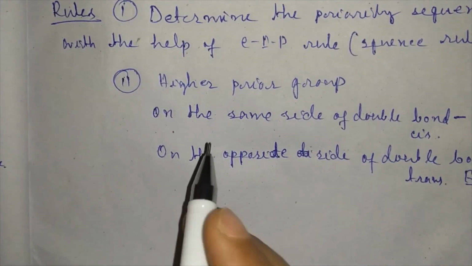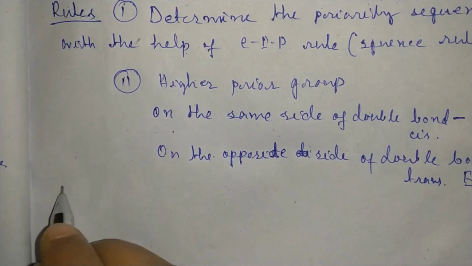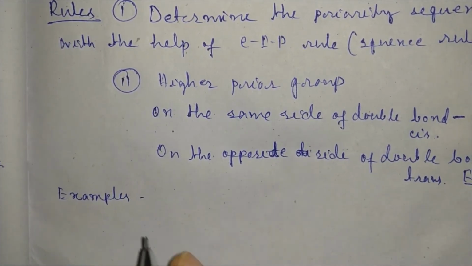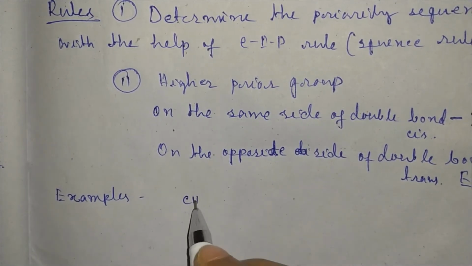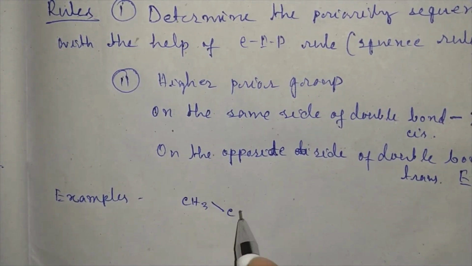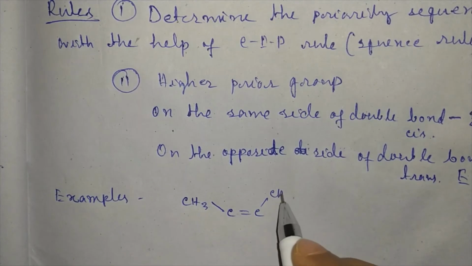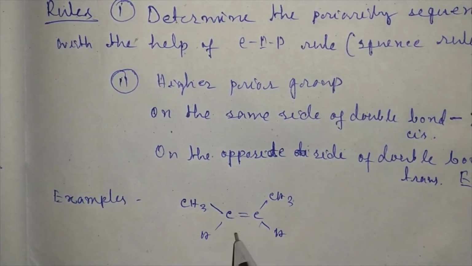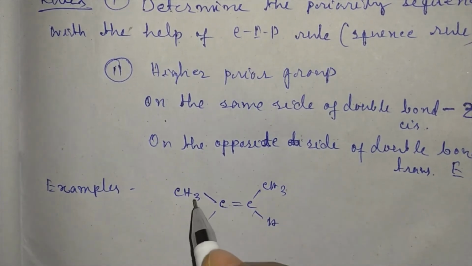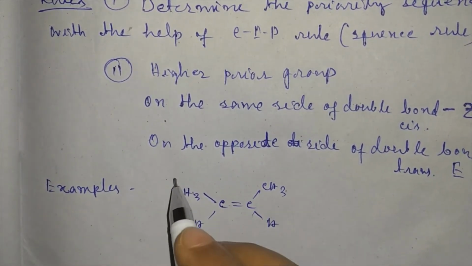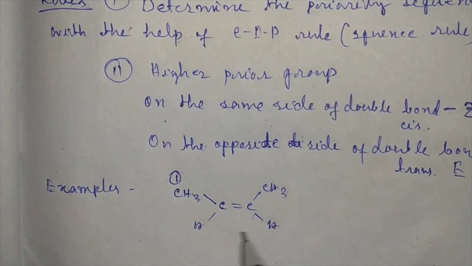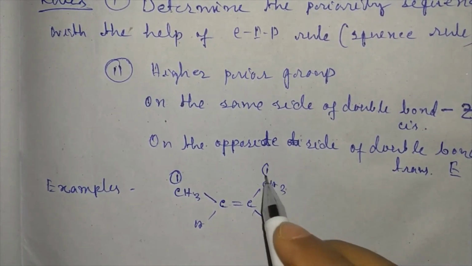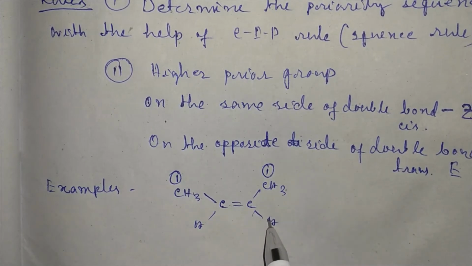We'll take some examples. Let's say here, for this carbon, the two groups attached, this will have higher priority than this, and in this carbon between these two groups attached, this will have higher priority than this.